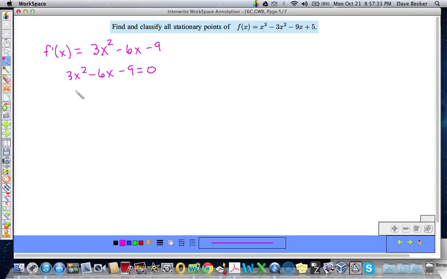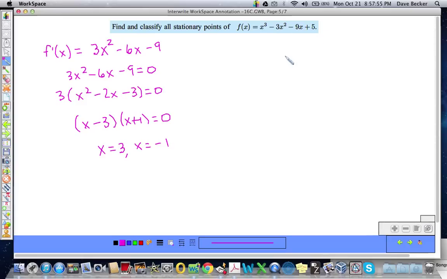I should have factored out the 3 right away. x squared minus 2x minus 3 is equal to 0. A little bit of factoring, so (x minus 3)(x plus 1) equals 0. So my critical points are at x equal to 3 and x equal to negative 1. The function is defined for its entire domain, so those are my only critical points.